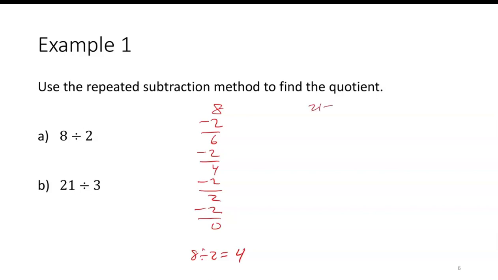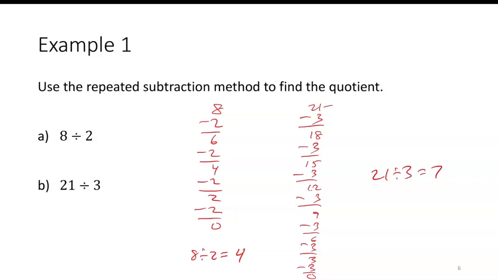Next, 21 divided by 3. So 21 minus 3 is 18, minus 3 is 15, minus 3 is 12, minus 3 is 9, minus 3 is 6, minus 3 is 3, and minus 3 is 0. So if I count, that is 1, 2, 3, 4, 5, 6, 7 subtractions. 21 divided by 3 is 7.